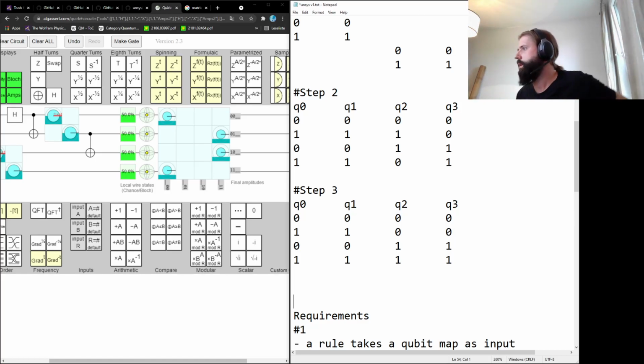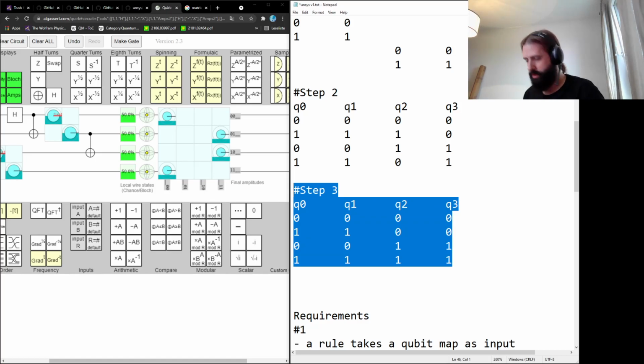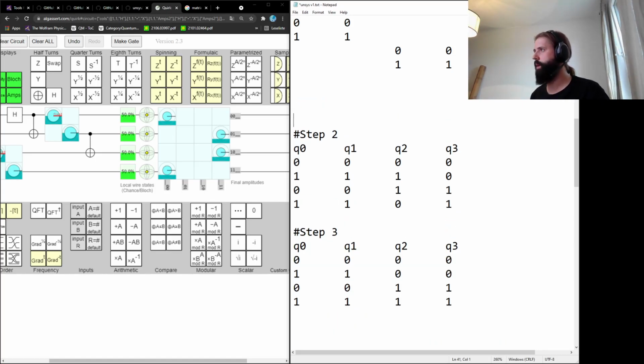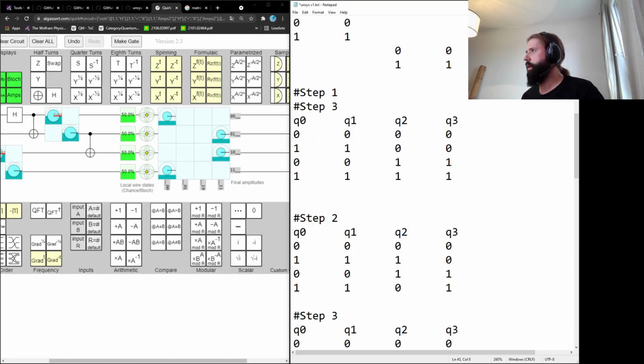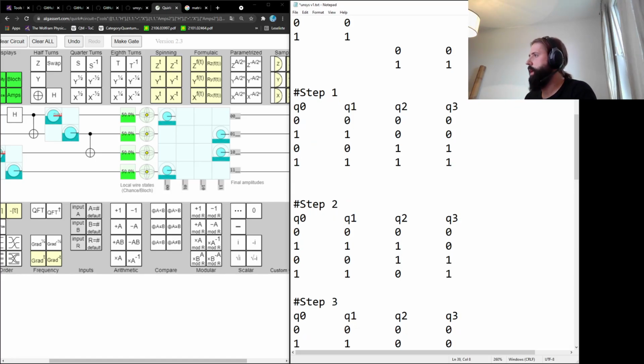But as you can see, if I come from step one like this, and all I've done is change these two by these two, I don't really know how I would simplify these.